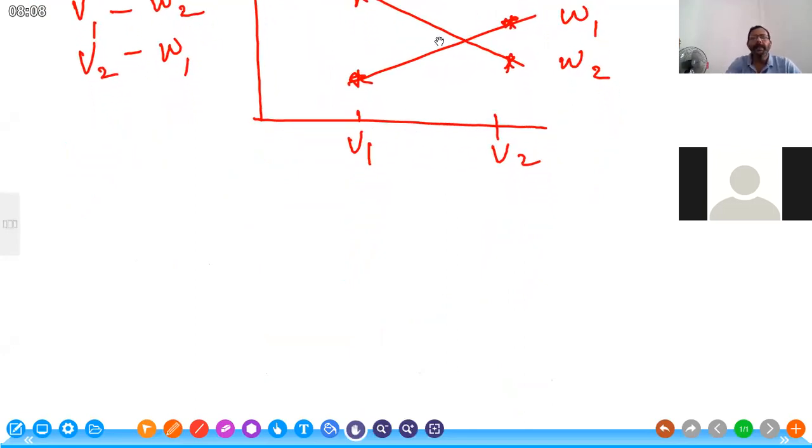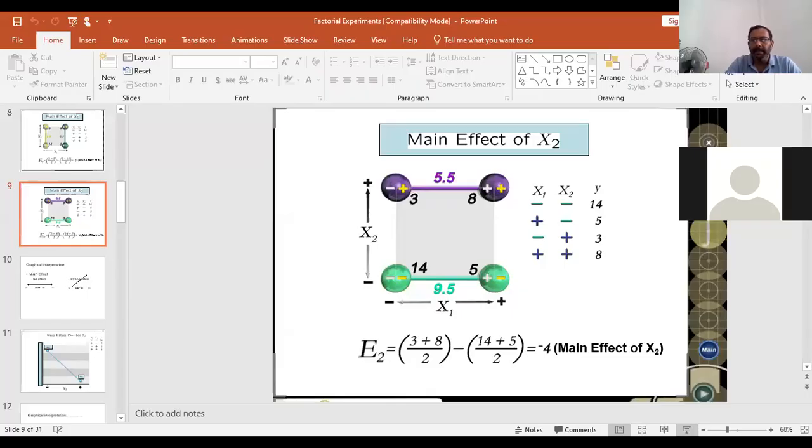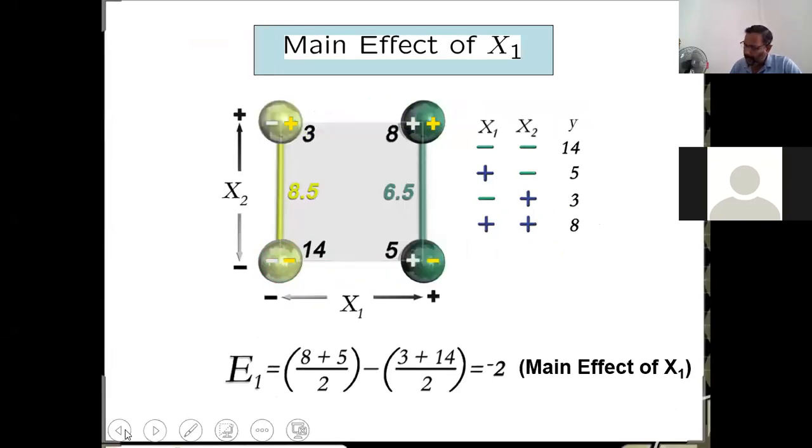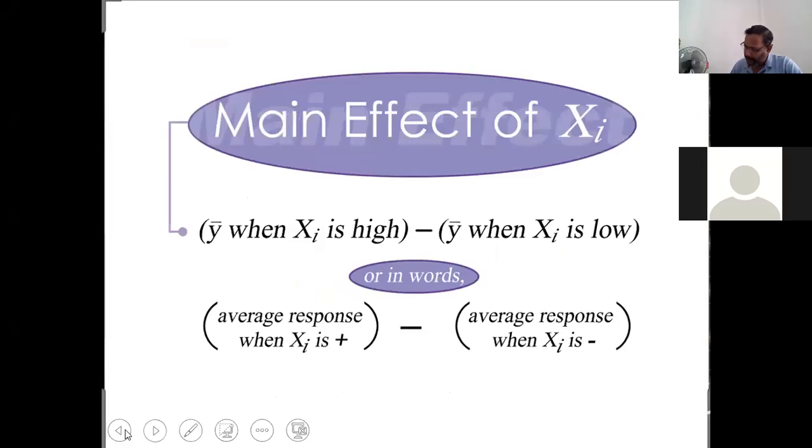Now further, I want to talk about this interaction a little further. Last time I just showed you how to calculate the main effects, and we also said what the conditions for main effects are.